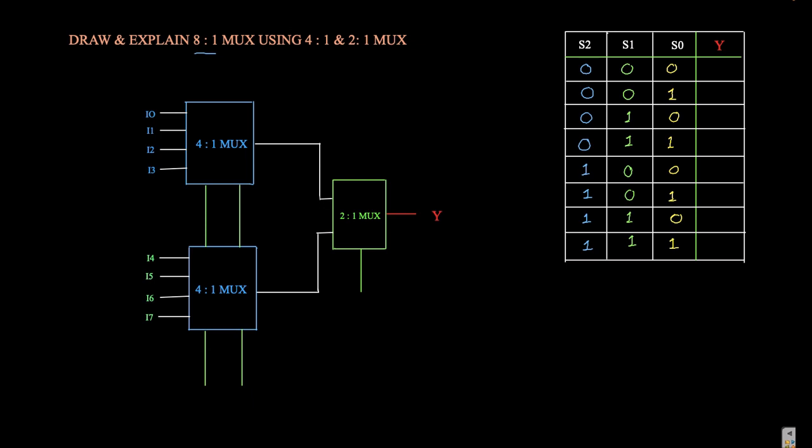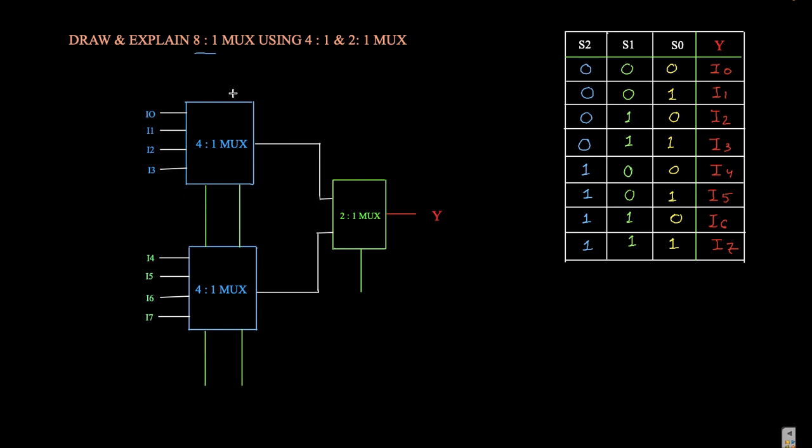What are the outputs? When S2, S1 and S0 are all 0, the output becomes I0, then I1, I2, I3, I4, I5, I6, and I7. Now we are implementing the 8:1 MUX using 4:1 and 2:1 MUX.